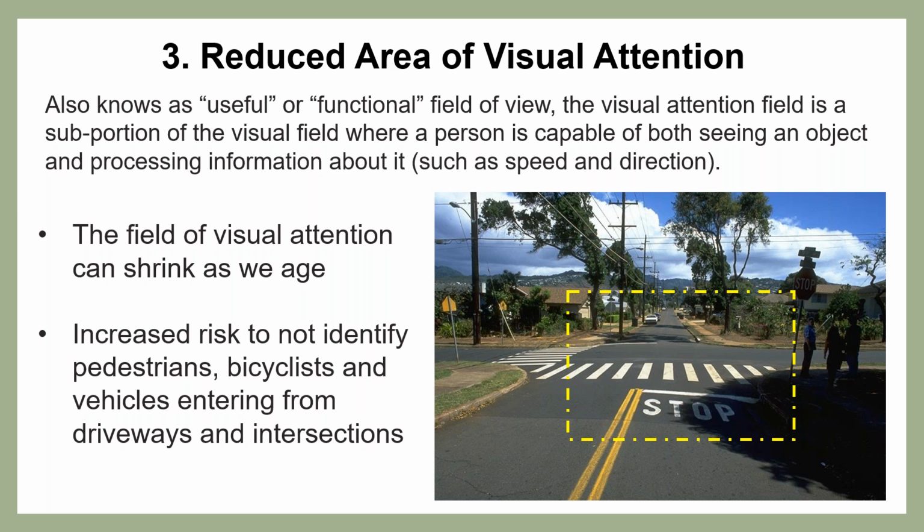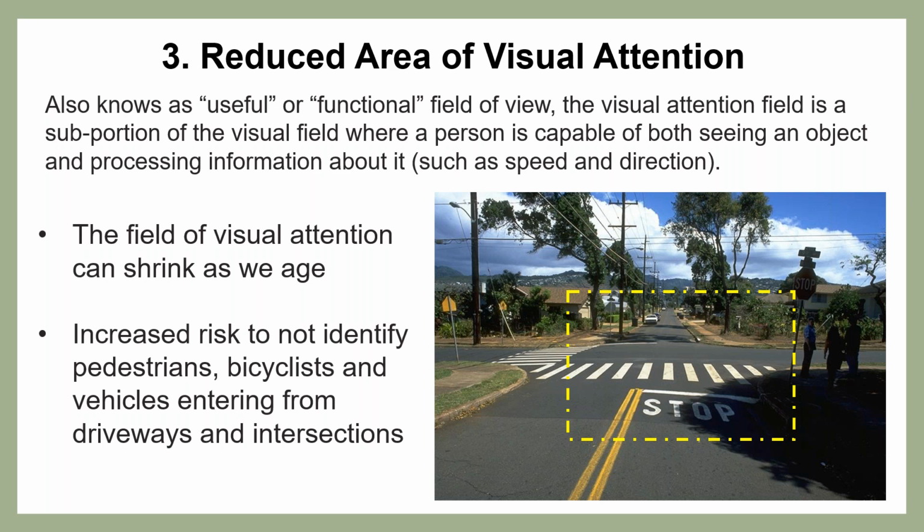So the area of visual attention, especially in the driving task, is a fairly narrow window, but it's that window where, as a driver, we're able to detect motion and able to see whether it be an oncoming vehicle, or a vehicle on a side street, or coming out of a driveway, or a pedestrian, or a bicyclist. And that area of visual attention is also influenced as drivers by how fast we're going.